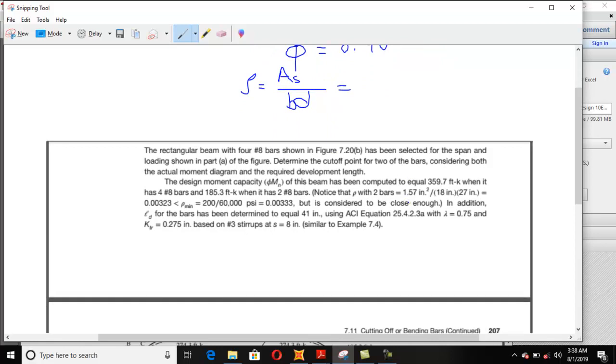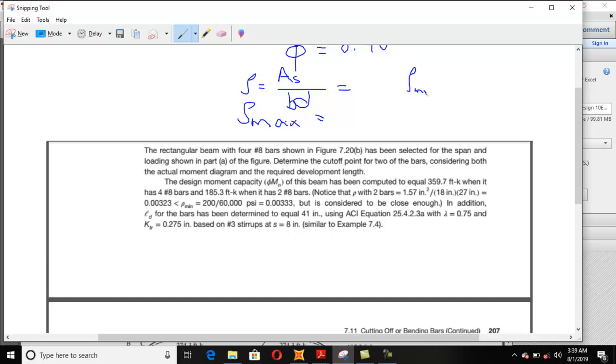And then you have to determine rho max value. That can be taken from the table, as in example 1 we did in lecture 8.